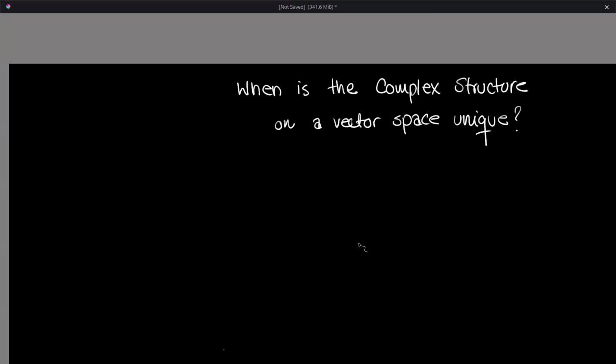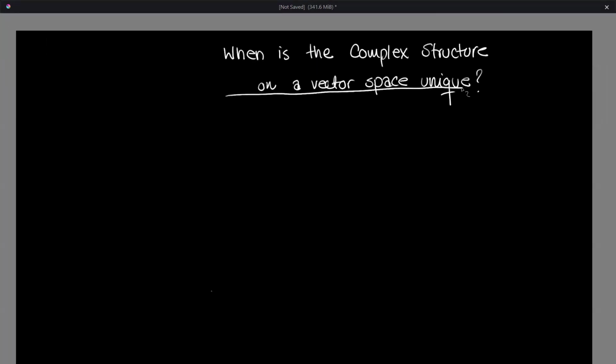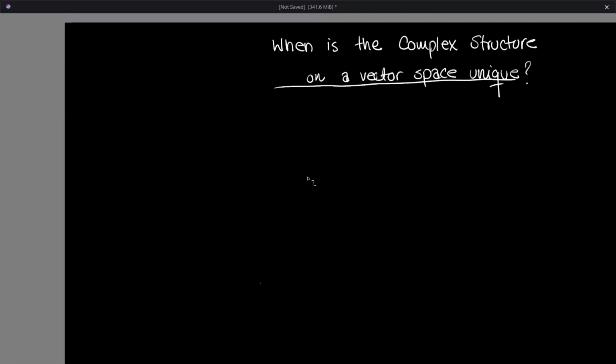We're not going to get into every situation in which it's unique. I don't know for a fact that this will guarantee it, but this is a condition that will make it so that it is unique.